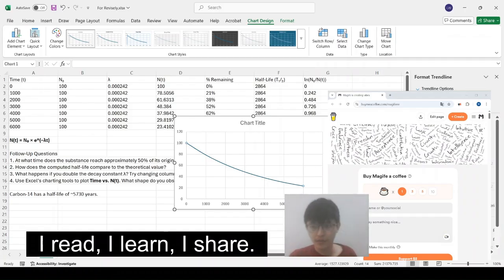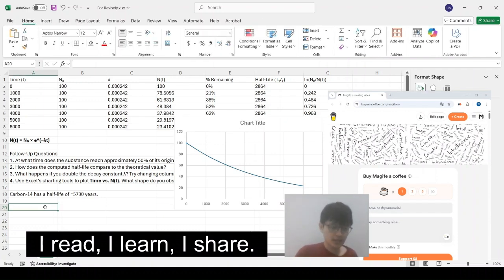Basically, if we choose logarithmic, it cannot fit. It's because exponential and logarithm are in contrast.